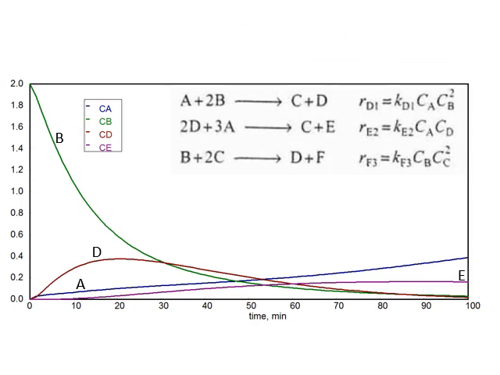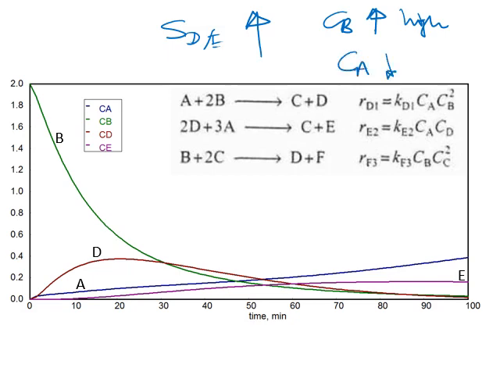Okay, let's go to this again. Well, if you want to increase CD, you need to increase the instantaneous selectivity. Remember, if you want to increase the instantaneous selectivity, you need to maintain a high concentration of B and low concentration of A. But as you can see here, the concentration of A is building up.